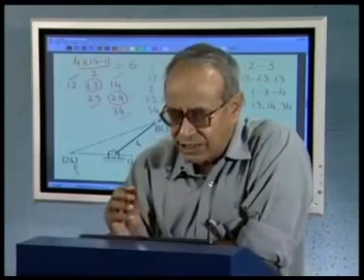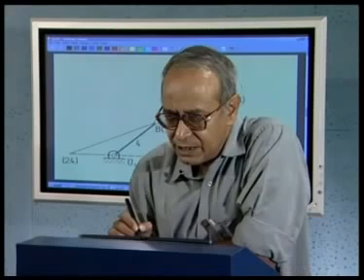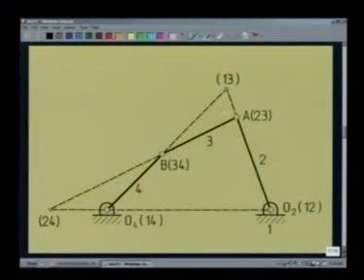Once we have determined all these 6 relative instantaneous centers, we are in a position to carry out the velocity analysis. Let us look at this figure, where all the 6 relative instantaneous centers have been located as explained just now. For velocity analysis, let us say the angular velocity of the input link, say that of 2, is given.